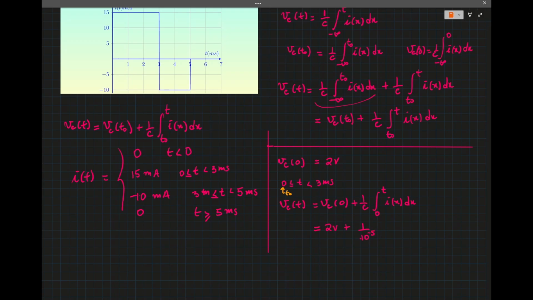So 1 over 10 to the negative 5 will be 10 to the 5, integral from 0 to t, and the current is 0.015 amps dx.